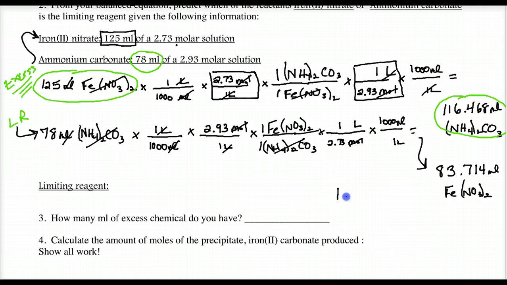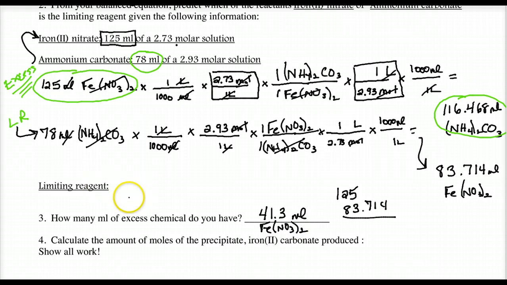So let's do that. 125 minus 83.7. I'm just subtracting how much I have and how much of it is going to react. And I get something close to 41.3 milliliters of the iron nitrate.